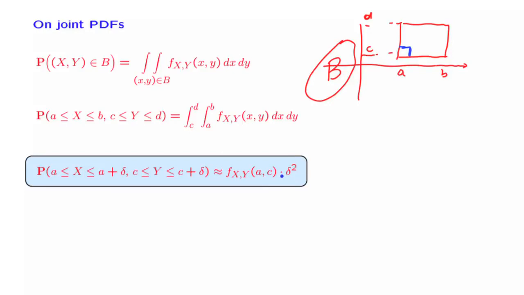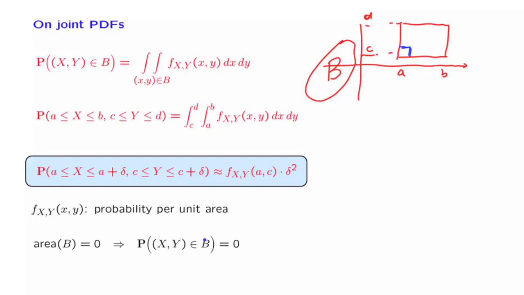So we have an interpretation of the joint PDF in terms of probabilities of small rectangles. Joint PDFs are not probabilities, but rather they are probability densities. They tell us the probability per unit area. And one more important comment. For the case of a single continuous random variable, we know that any single point has zero probability. This is again true for the case of two jointly continuous random variables, but more is true.